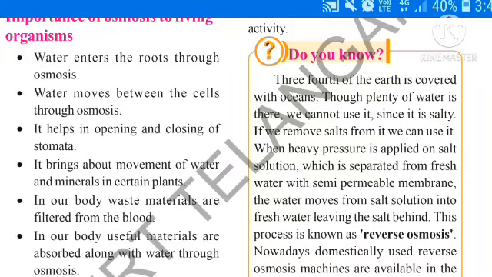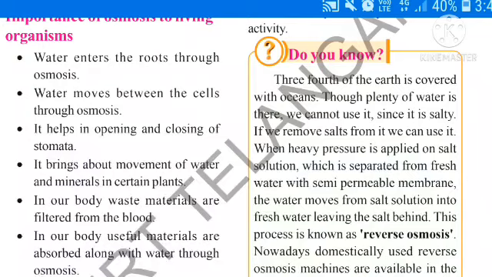Very important. Osmosis is actually derived from the Latin word osmos, meaning pushing. We are pushing the water molecules. This is about the main concept of cell membrane, osmosis and diffusion process.